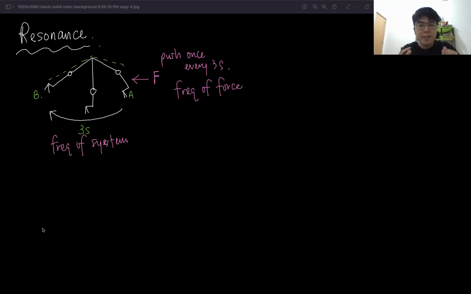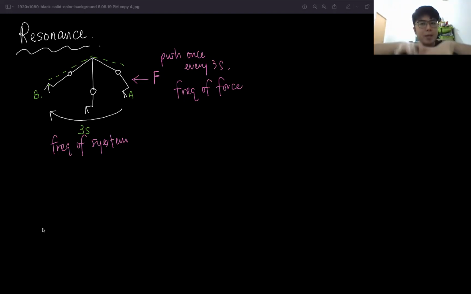So that means the force from the footsteps is oscillating also, right? So it has a frequency. That frequency, unfortunately, just happened to match the natural frequency of the bridge. So even though it is a very small force, they are in unison, together, and slowly it builds over time.